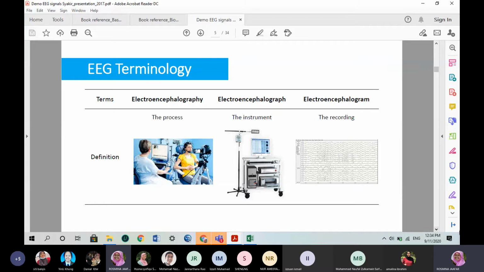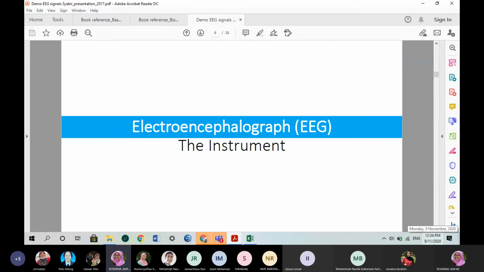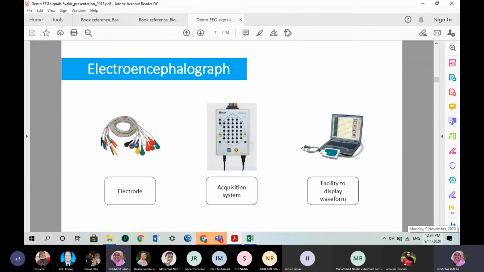Okay. And the instrument with the EEG, we have electrodes, we have an acquisition system, and we have a facility to display the waveform. The facility to display is normally a computer, or it can be printed, but they cannot afford to print all EEG sequences because it's going to be a lot. So normally they don't print.